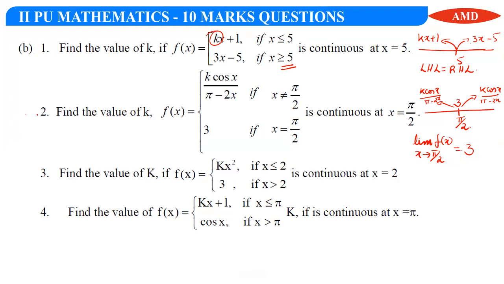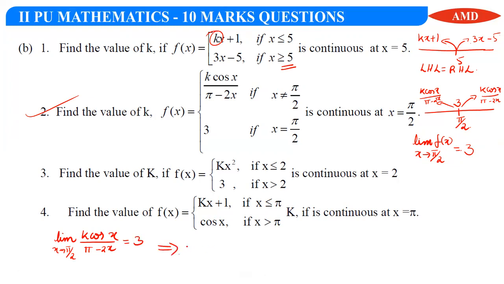So let me just quickly try this question. It is a short question. The limit of f of x as x tending to pi by 2 could be written as limit of f of x. What is it? K cos x divided by pi minus 2x as x is tending to pi by 2 is equal to 3.